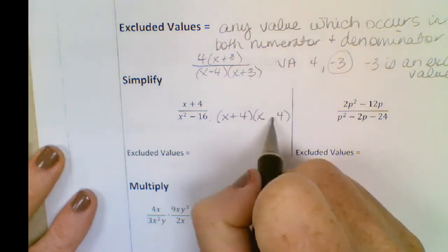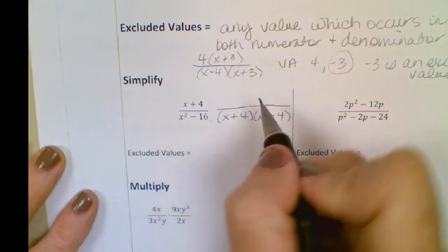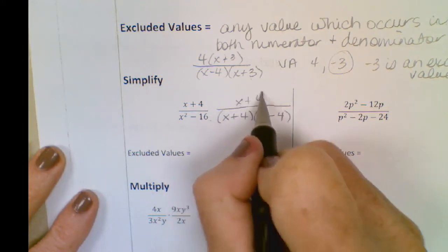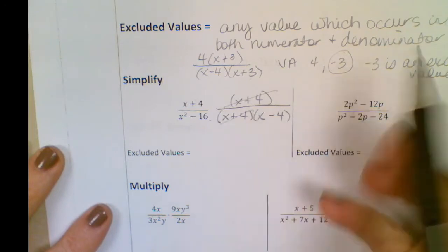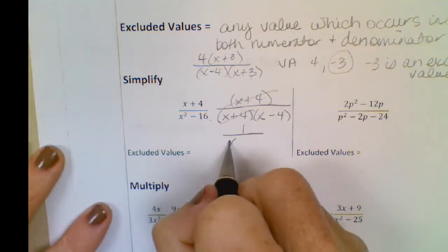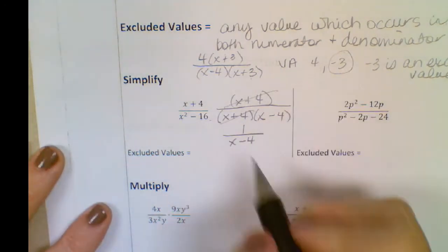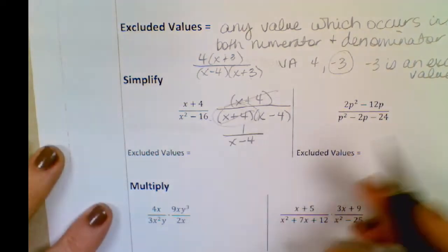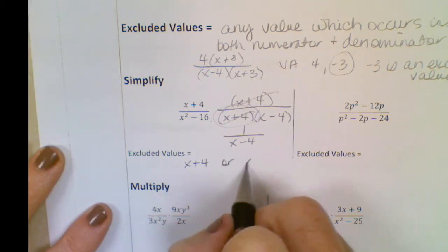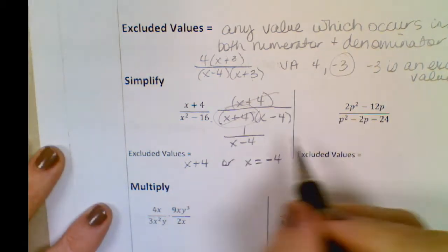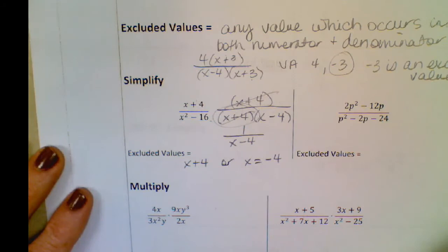One is a sum, one is a difference. So now the x plus 4 and the x plus 4 can be simplified. So you get 1 over x minus 4. Our excluded value is going to be at x plus 4, or at x equals negative 4. It's whatever makes that 0.